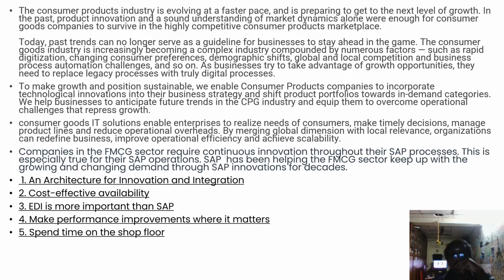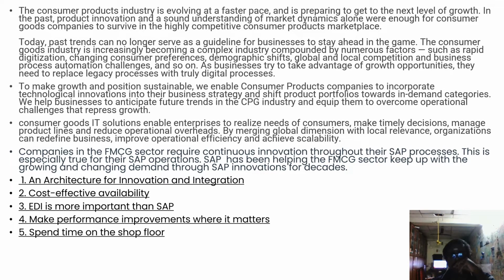The consumer goods industry is becoming increasingly complex, compounded by numerous factors such as rapid digitalization, changing consumer preferences, demographic shifts, global and local competition, and business process automation challenges. As businesses try to take advantage of growth opportunities, they need to replace legacy processes with truly digital processes.